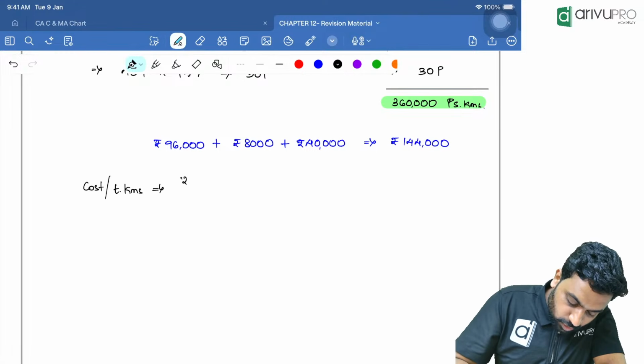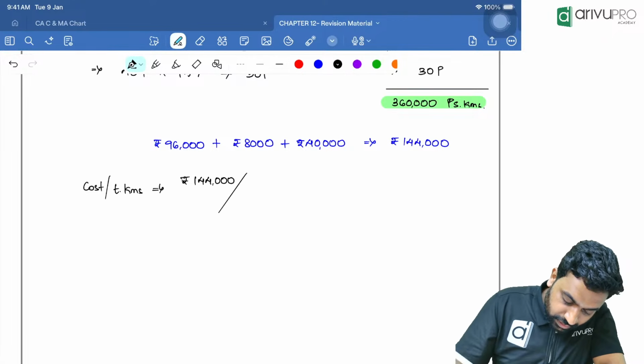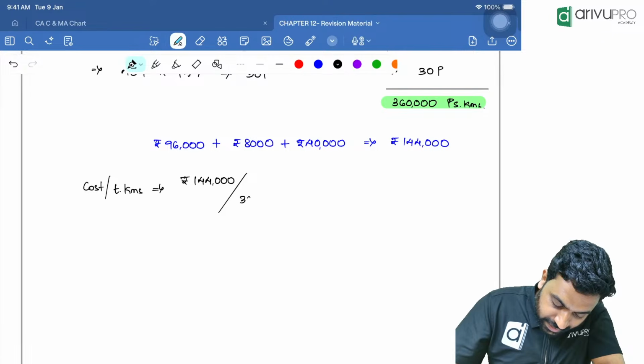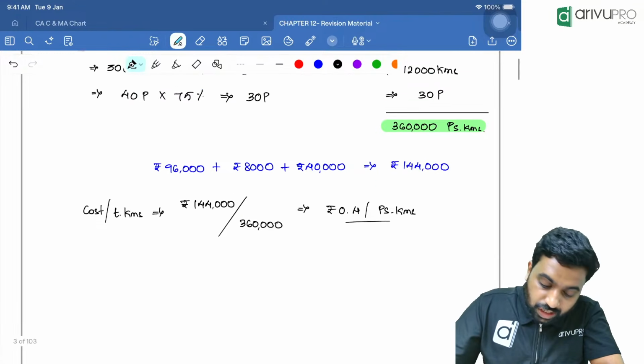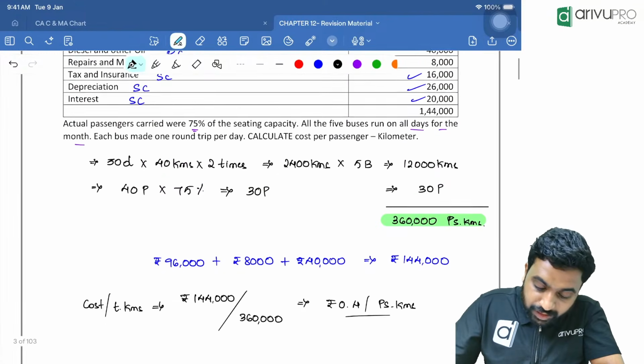Now your cost per passenger kilometer is 1,44,000 divided by 3,60,000 passenger kilometers, which is gonna be 0.40. Got it. Also, they might ask cost per kilometer.